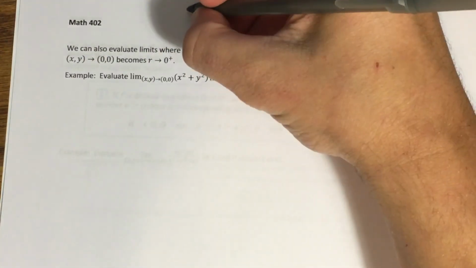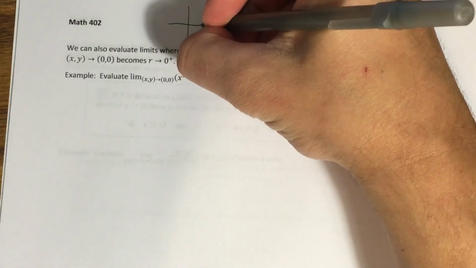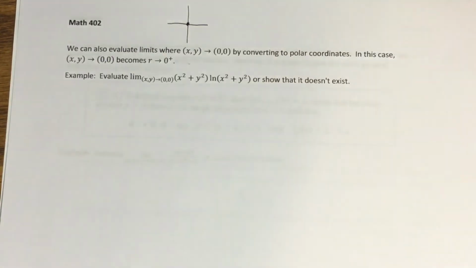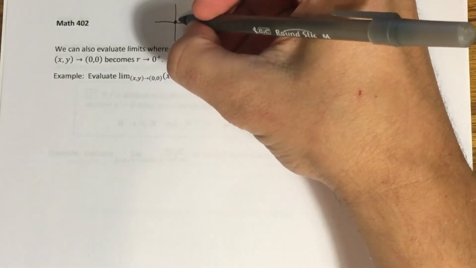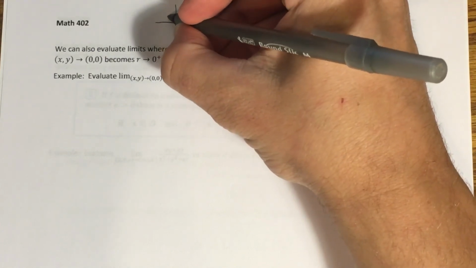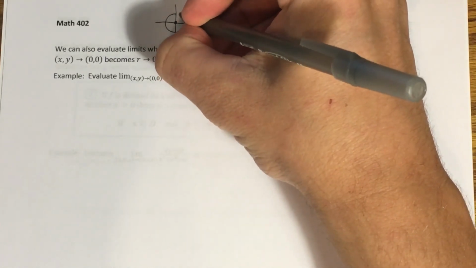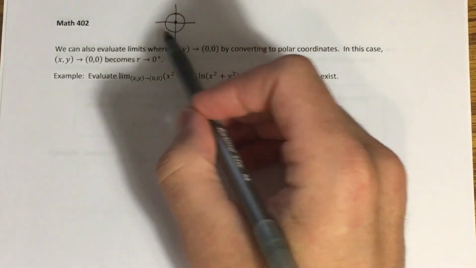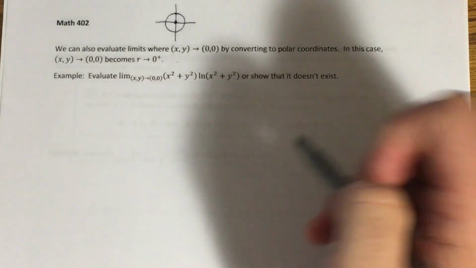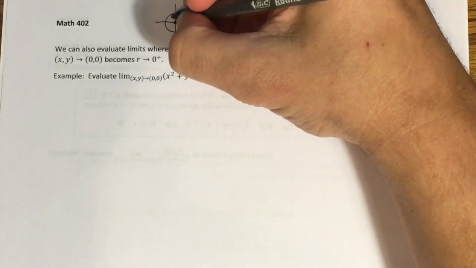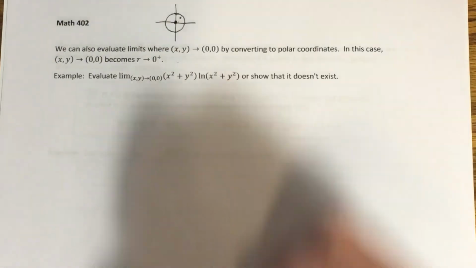So here's the idea. If you are approaching the origin specifically, remember that as (x,y) approaches (0,0), we're focusing on values of (x,y) that are within some small disk centered at the origin. So let's say that this is my (x,y) right here.